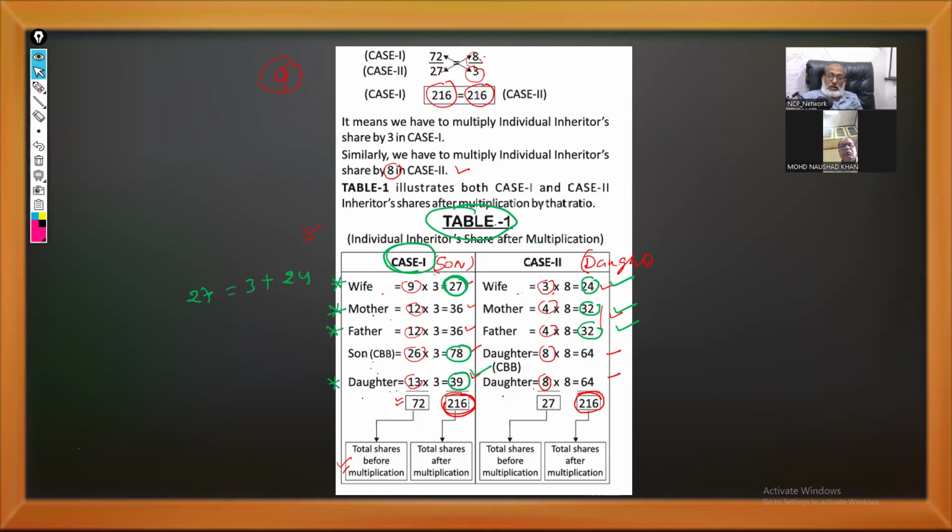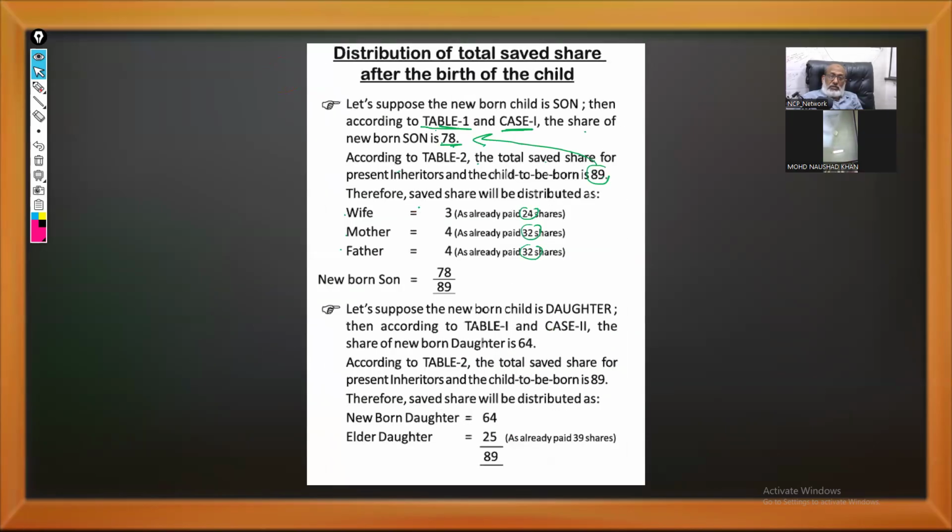Similarly, we have paid 32 share, so we will pay 4 share to the mother and 4 share to the father. That is 36 and 36. That is explained here so that we can distribute the 89 share if the newborn child is a son.